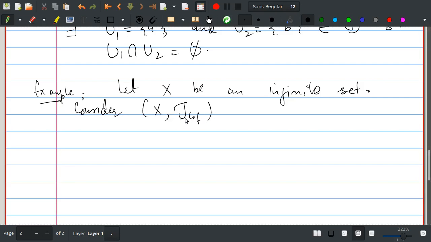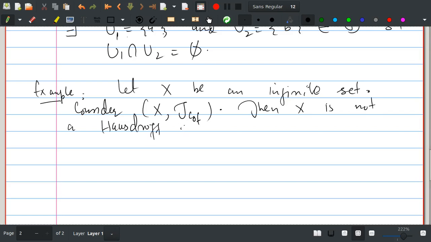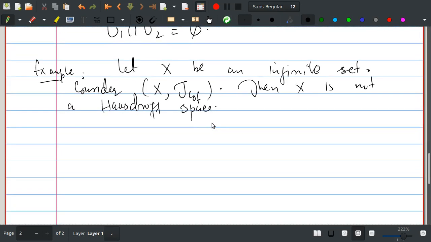By cof we mean the cofinite topology or finite complement topology. Then X is not a Hausdorff space. So why is this the case?